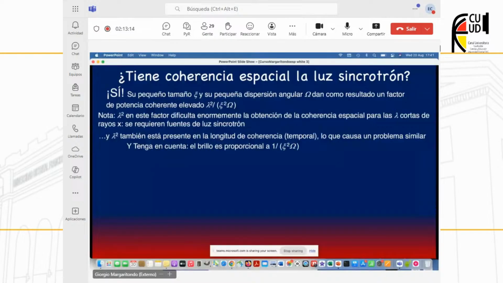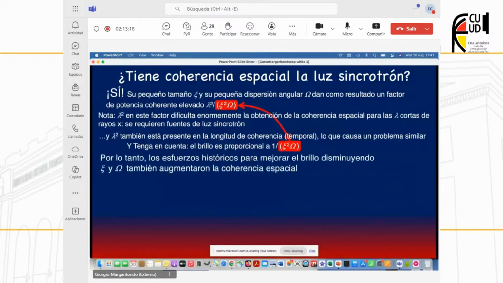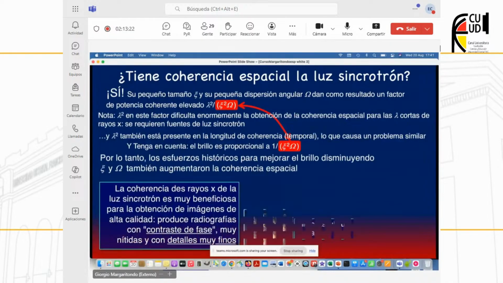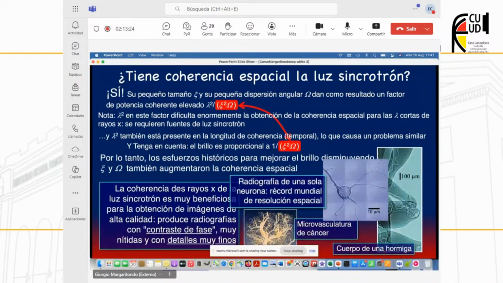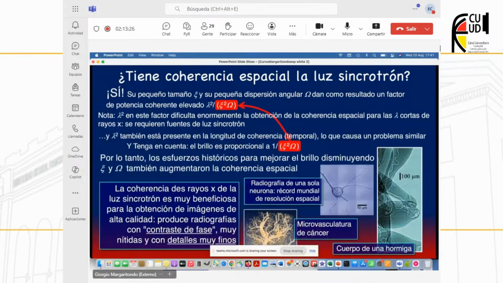Now, what is it that we buy with this spatial coherence? Well, we are getting a fantastic new kind of radiology. We are opening up completely new domains that are totally unthinkable for the medical radiology used even today for medical diagnostics.